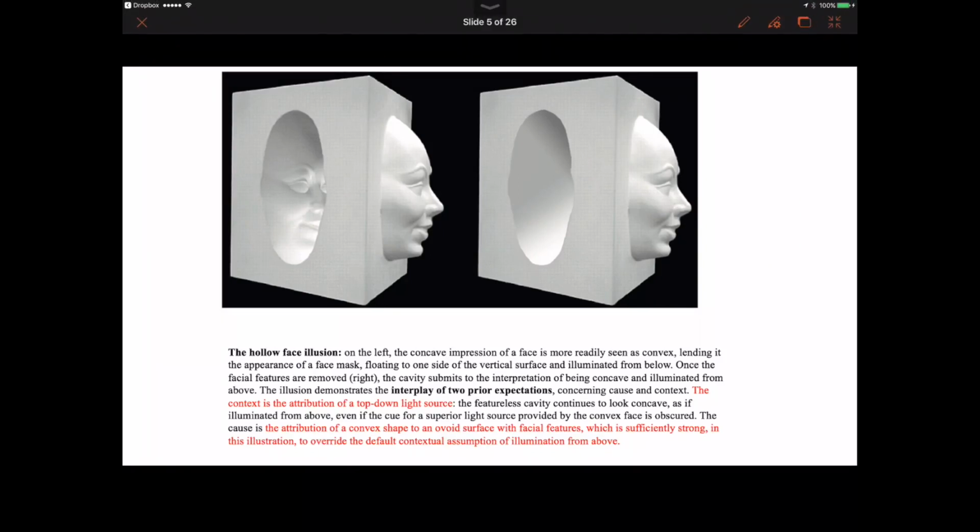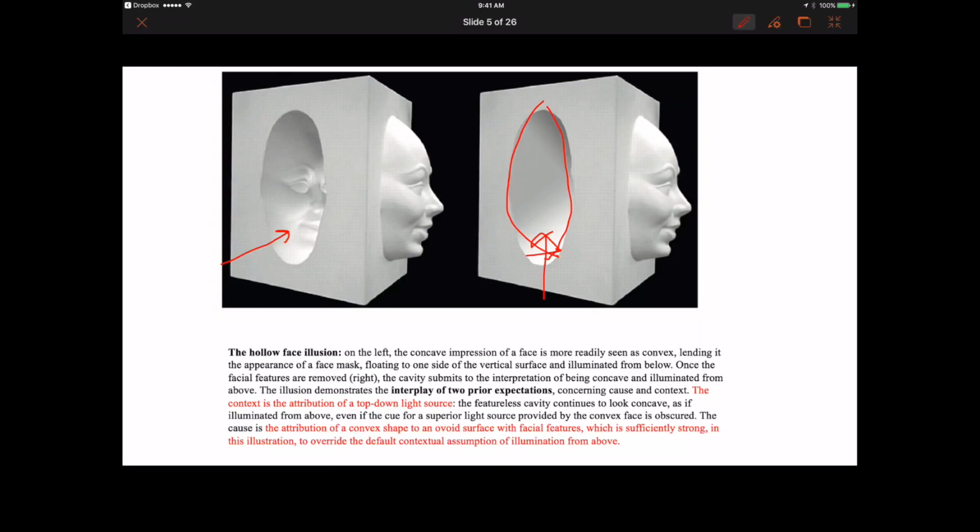So here then is the classical example of the hollow face illusion. You see here, of course, there is a concavity. The light shines from below. However, if you put some facial features into this cavity, going inside, the brain decodes this as a convexity.